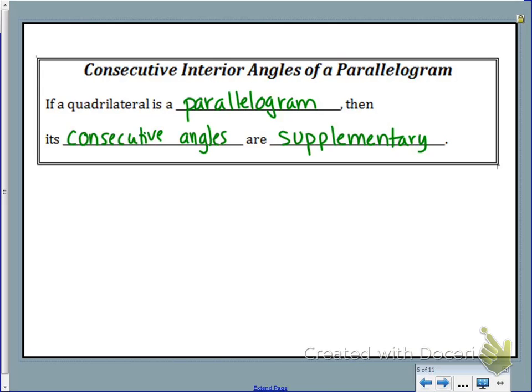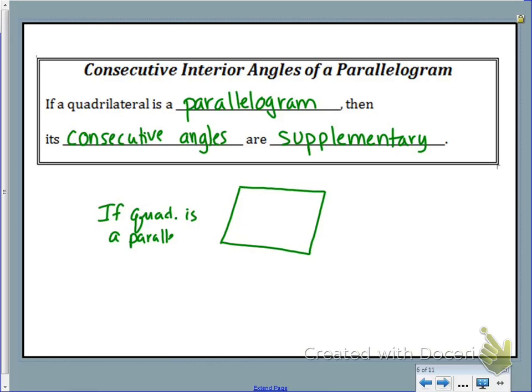Again, over in your annotations, there's a picture of a parallelogram. So basically what we're saying here is, if this quadrilateral is a parallelogram, then we know that the consecutive angles are going to be supplementary.